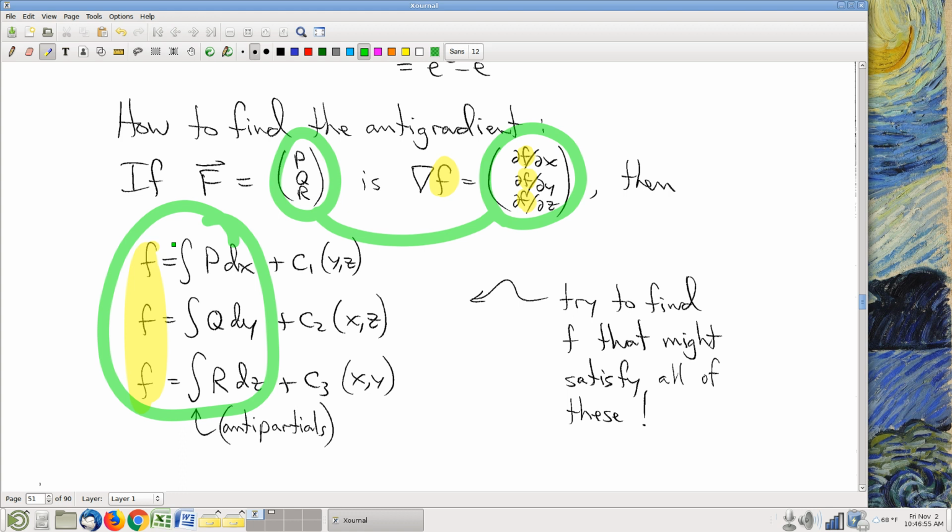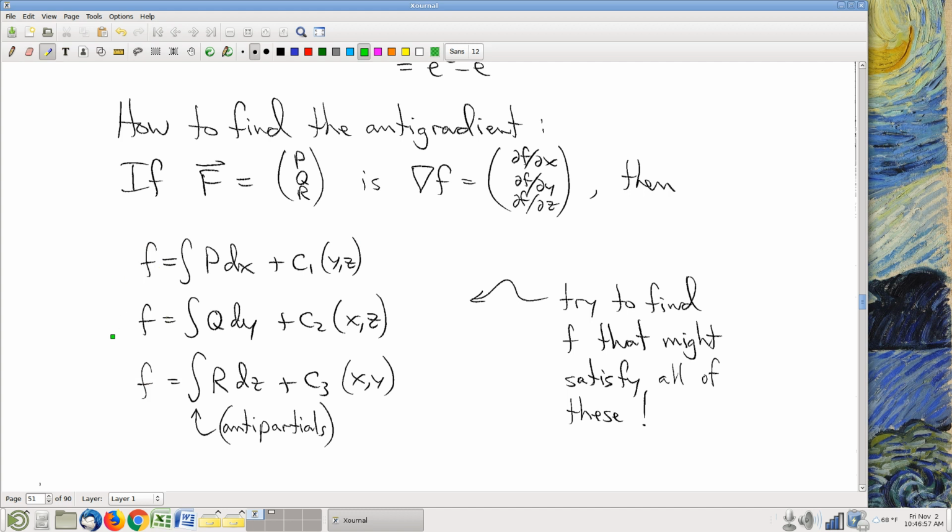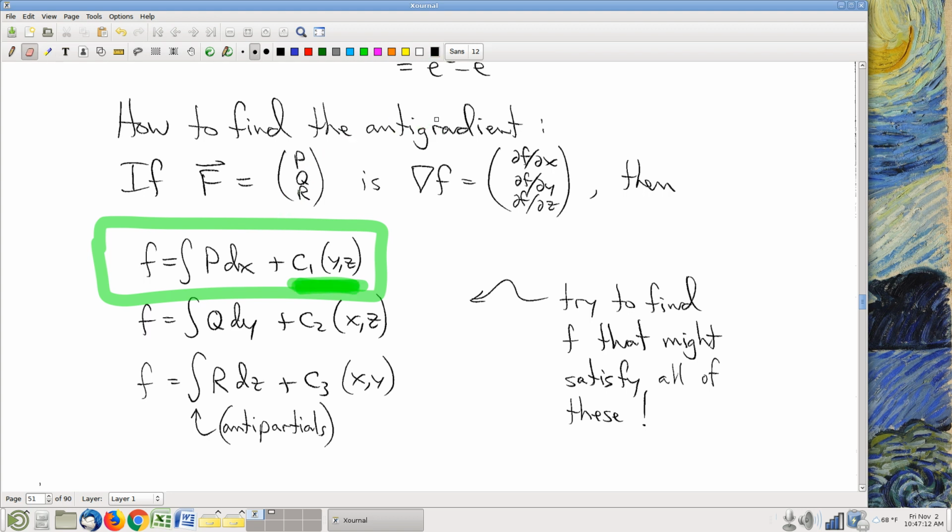Okay, well, except a little minor detail. Now, we have to realize that when you take an antiderivative, there's always this plus c thing, right? The idea of the plus c is that, well, technically, if I were to take the x partial here, anything that's constant, when I take the x partial, that goes away, and this would still give me the P equals partial of f with respect to x that I'm looking for. So any constant over here is fine, except that now it's no longer technically quite a constant.